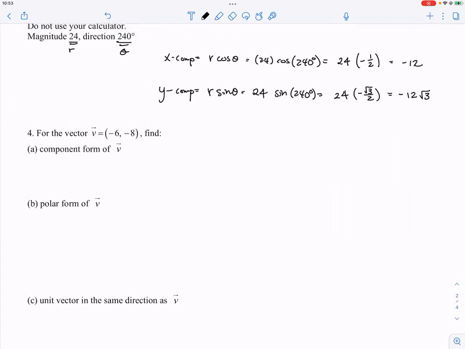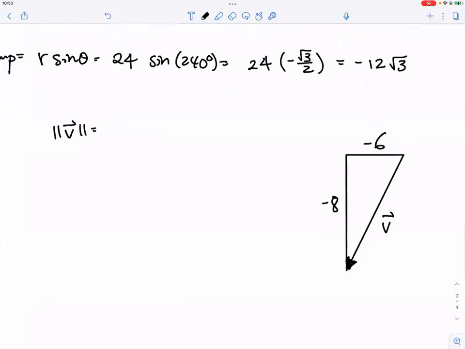For number 4, go ahead, sketch the diagram here. We have the vector v going to the left 6 units and down 8 units, so negative 6, negative 8. This is your vector v. Can you quickly tell me the magnitude of vector v? If it's a 6 and 8, then the hypotenuse must be 10.